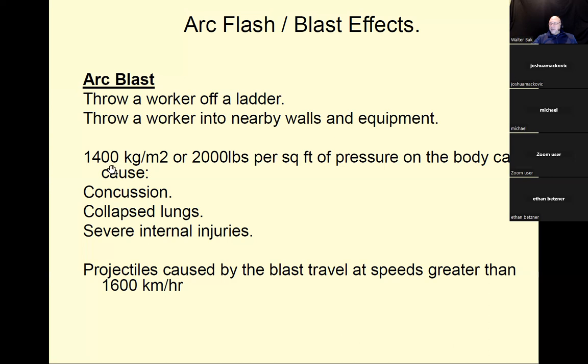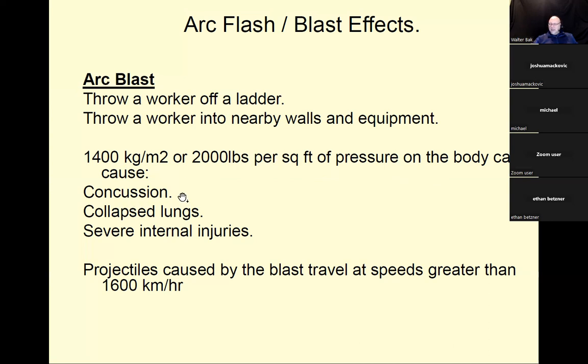So 14,000 kilograms per square meter of force, or 2,000 pounds per square foot of pressure on a body. Basically, it's like somebody pushing into your chest, a pressure that is sudden. What can it do to you or to us?